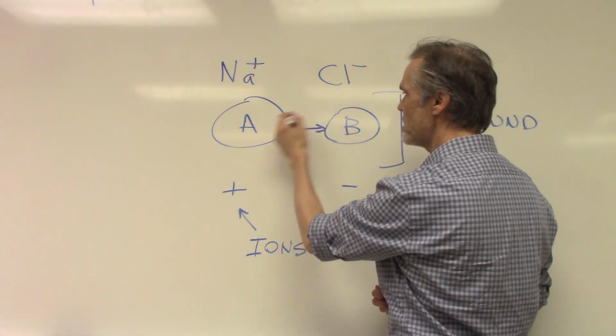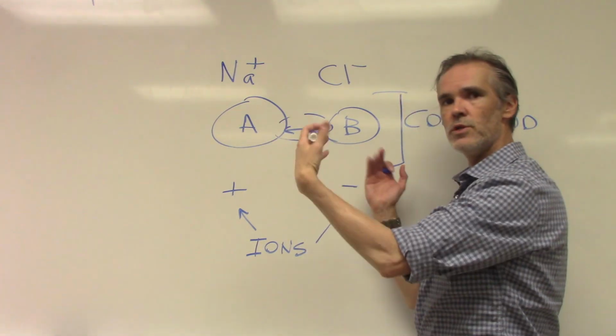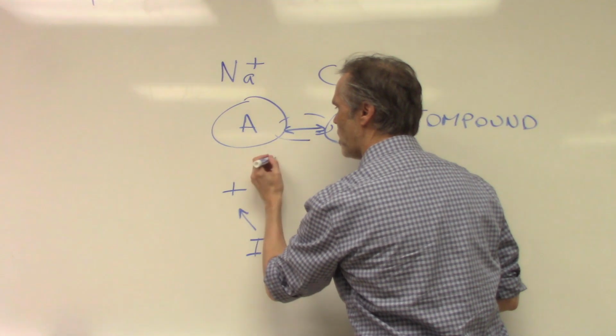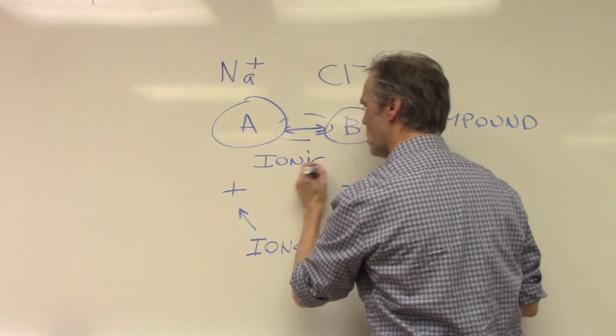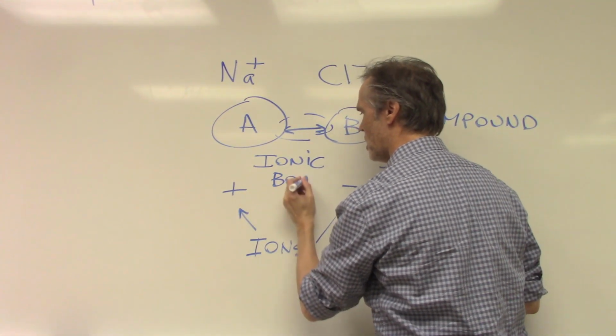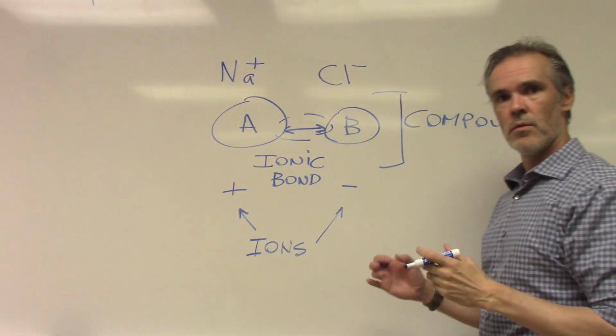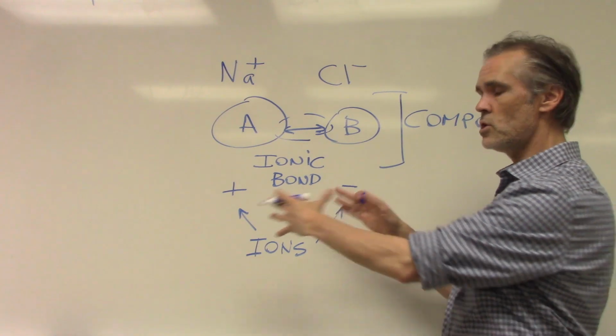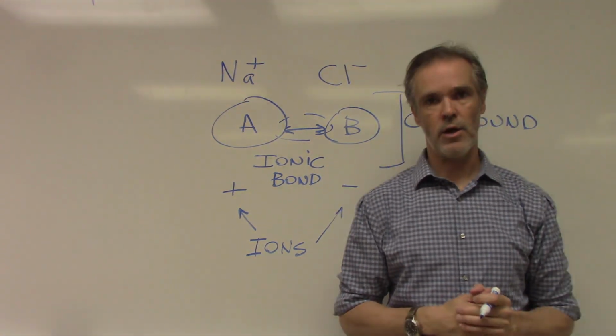This interaction between the two ions is called an ionic bond. Charges attracting one another, forming a compound, that's an ionic bond.